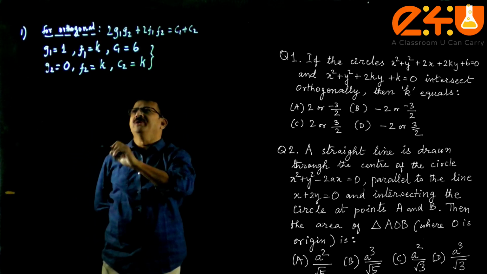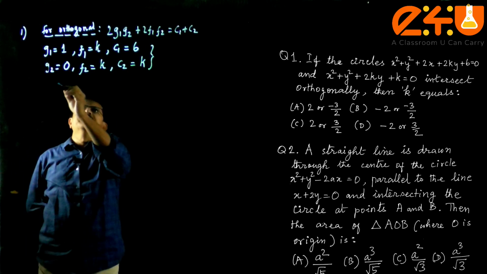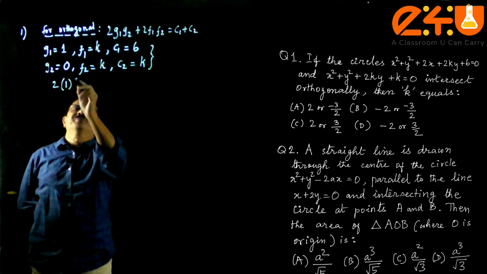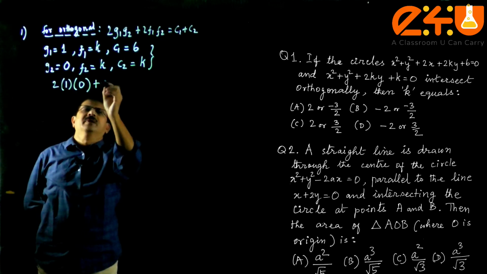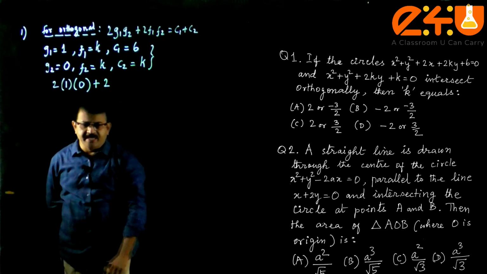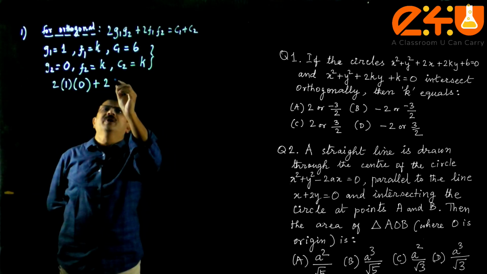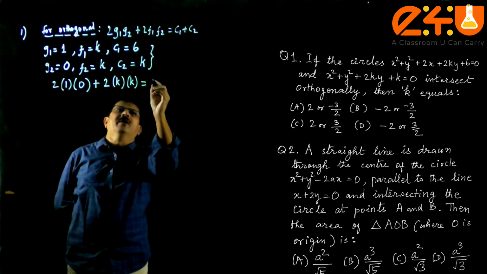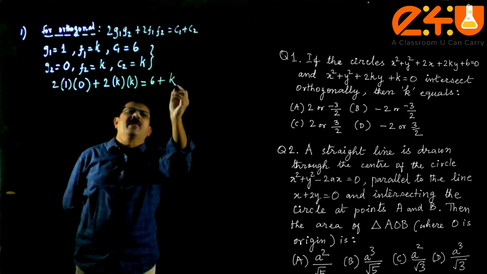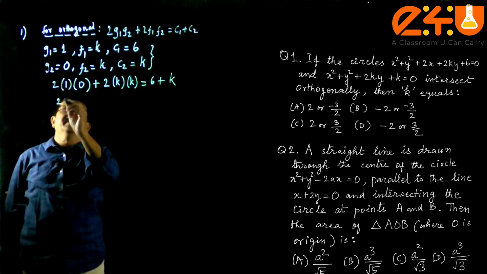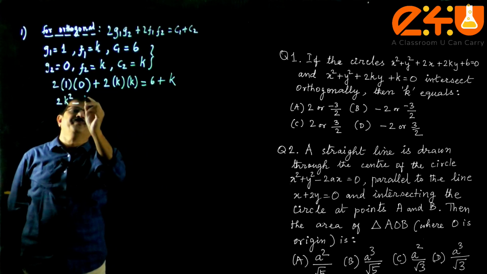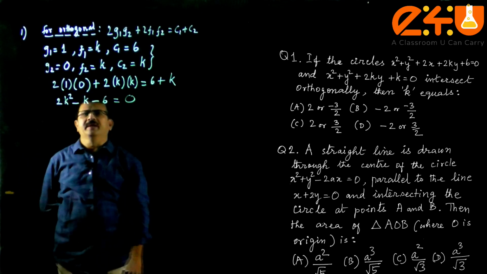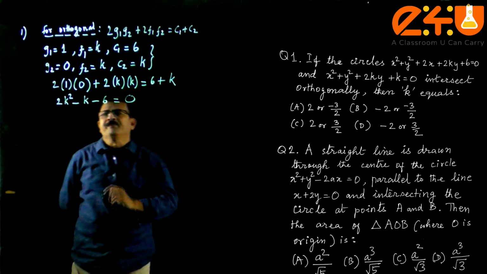Plug in these values in the given equation 2G1G2 plus 2F1F2 equals C1 plus C2. First 2G1G2 is 0, and the second term twice F1F2, F1 is k, F2 also is k, and RHS is 6 plus k. So we get the equation 2k squared minus k minus 6 equal to 0.